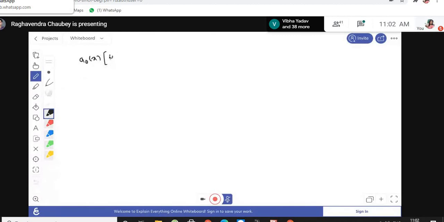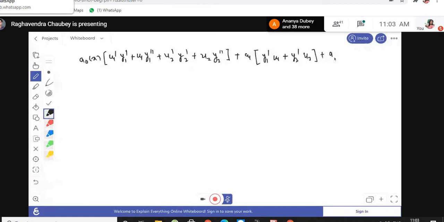What is the value of y''? It is u1' y1' plus u1 y1'' plus u2' y2' plus u2 y2'', plus a1 times yp', which equals y1' u1 plus y2' u2, plus a2 times y, which is u1 y1 plus u2 y2, and that equals d(x).